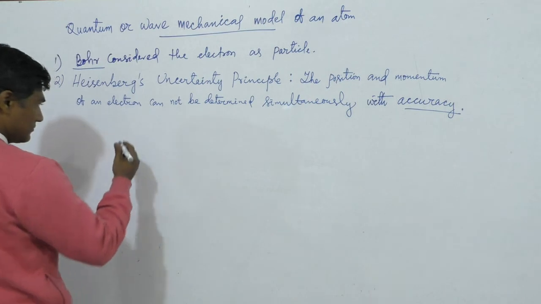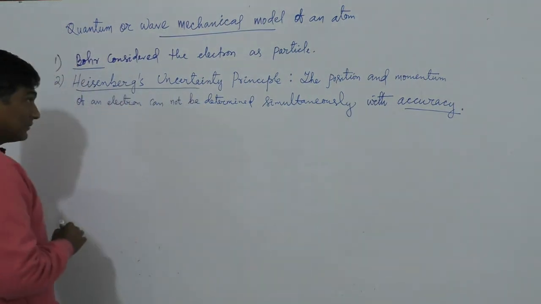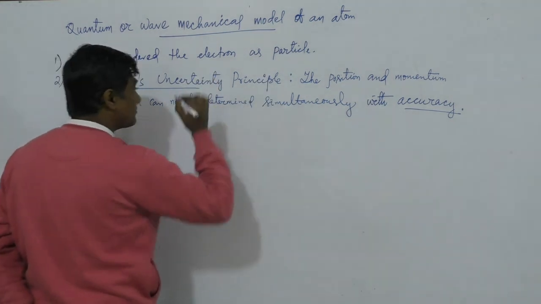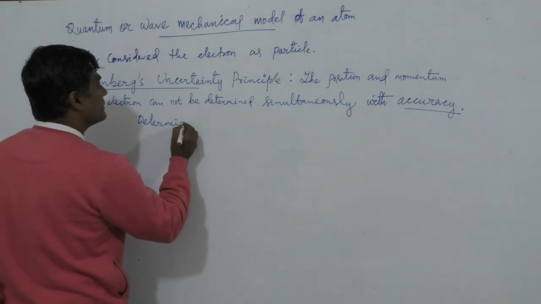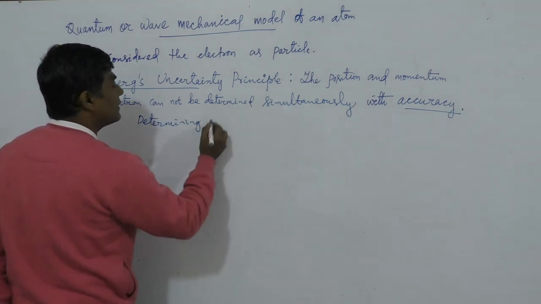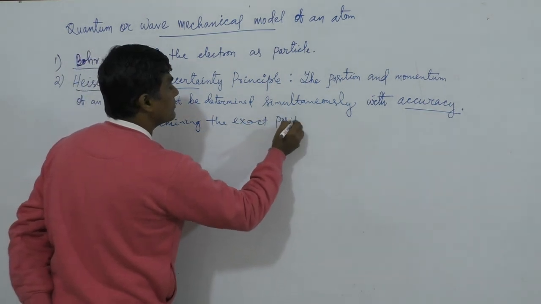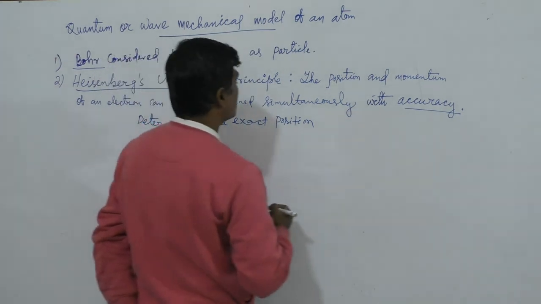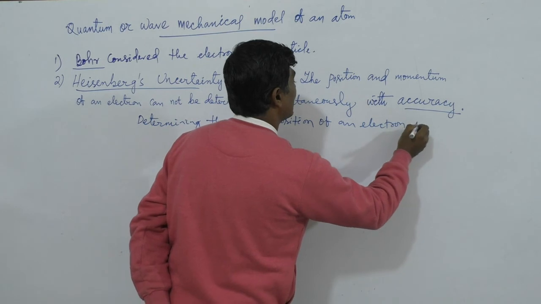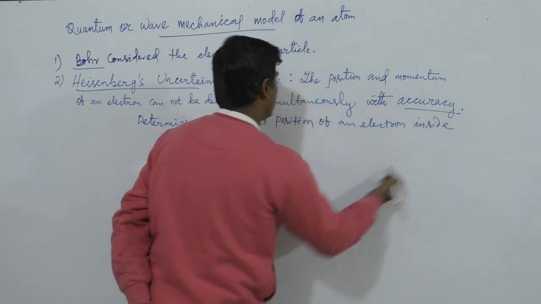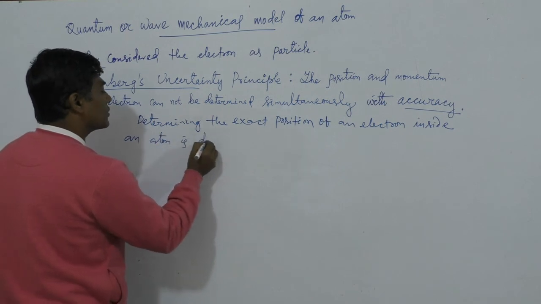So the next consequence of this principle is that determining the exact position of an electron inside an atom is difficult.